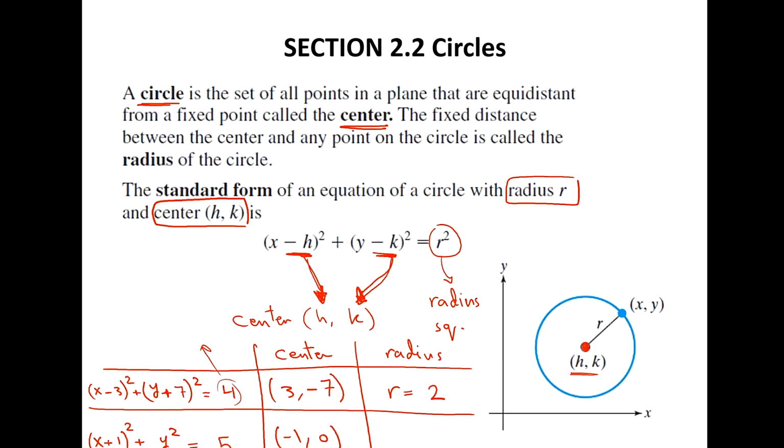So if we don't have a constant subtracted or added for y all squared, this is equal 0, the y coordinate. And the radius equals what? Equals the radical 5. No need to simplify. Radical 5. Okay?